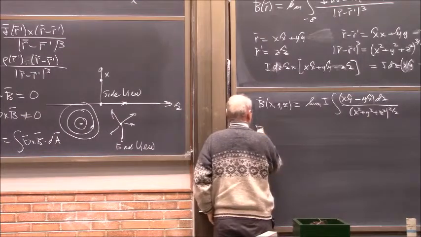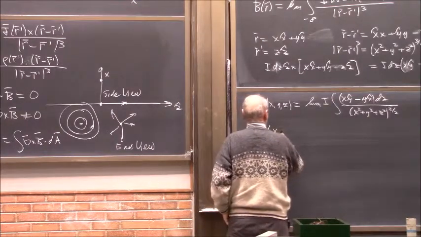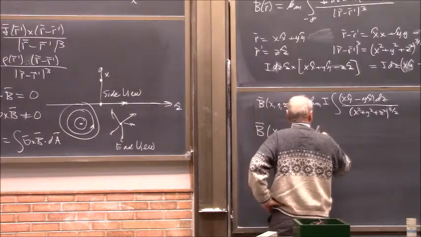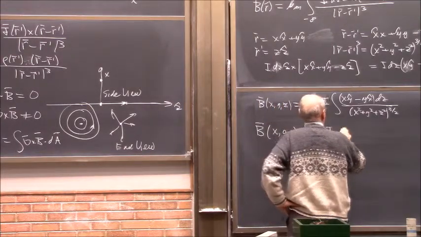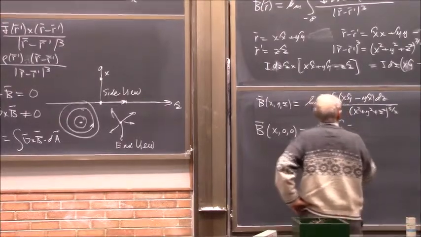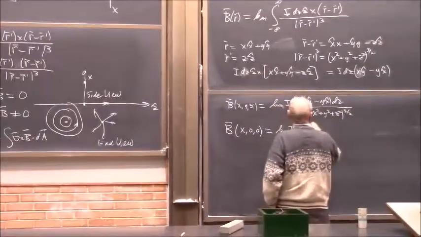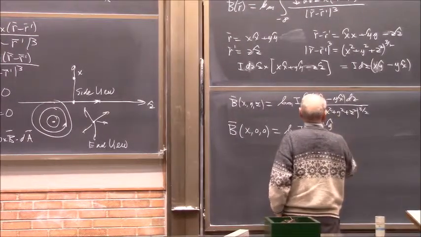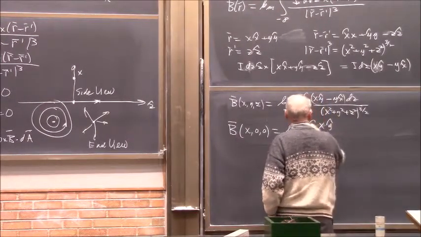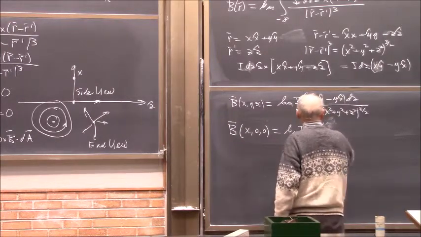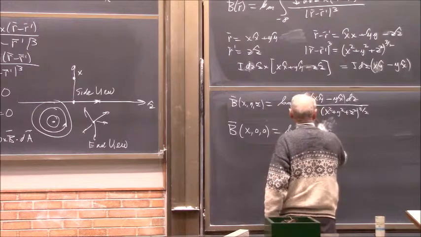So B of x, 0, 0 is k sub m I times the integral of x y hat. So we just take the y hat outside. So we have x, that's just a constant. That comes outside.